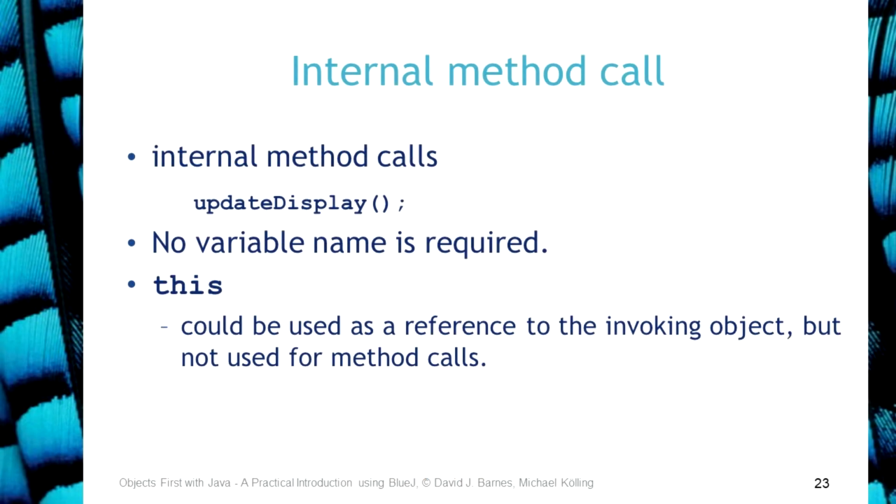Internal method calls have the syntax method name and then in brackets parameter list. An internal method call does not have a variable name and a dot before the method name, which you will have observed in all of the method calls recorded in the terminal window. A variable is not needed because with an internal method call, an object calls the method on itself. We contrast internal and external method calls in the next section.